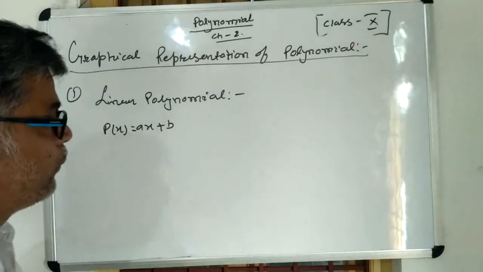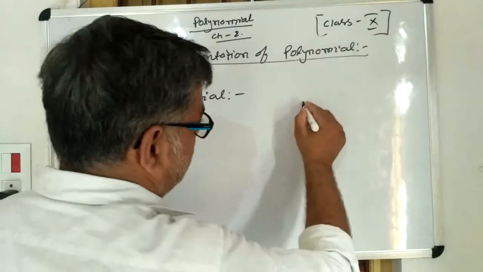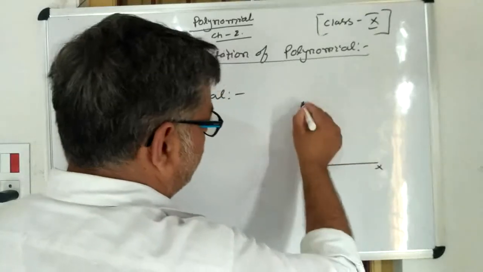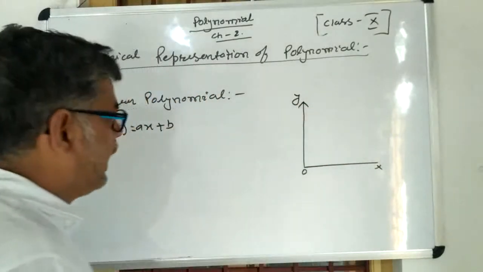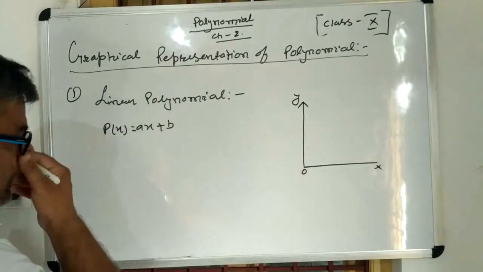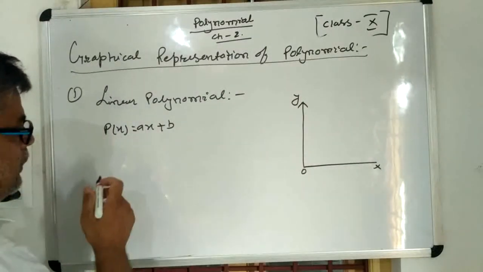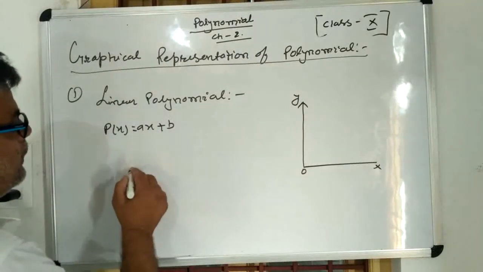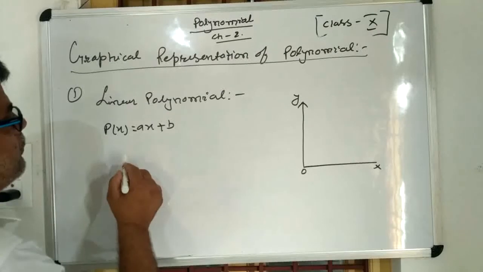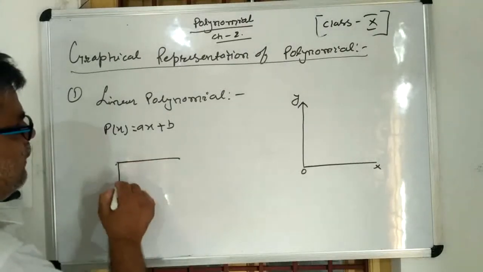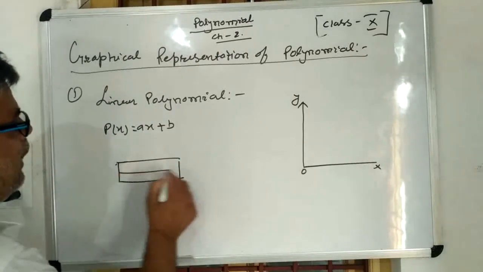Now when you want to represent the linear polynomial in the Cartesian plane, suppose there is a table of x and y.